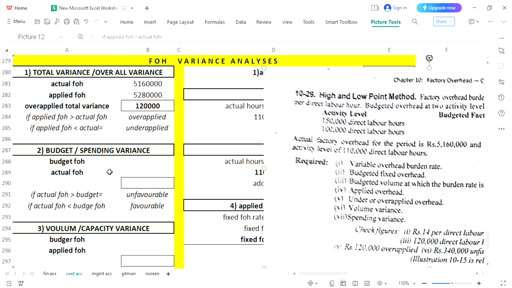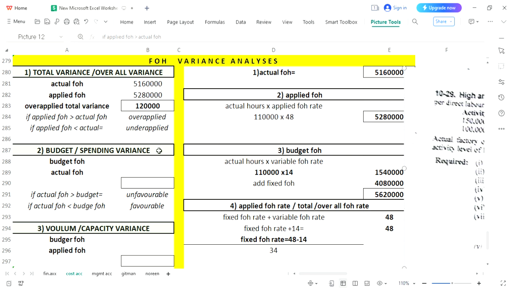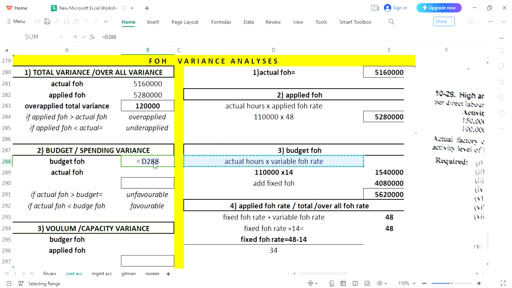Now let's see budget variance, our next calculation. For budget variance you need budget FH first, and here budget FH was calculated. Focus on the highlighted area, and the budget FH which was calculated, 56,20,000, put over here.